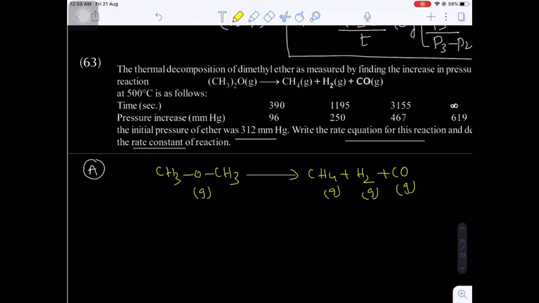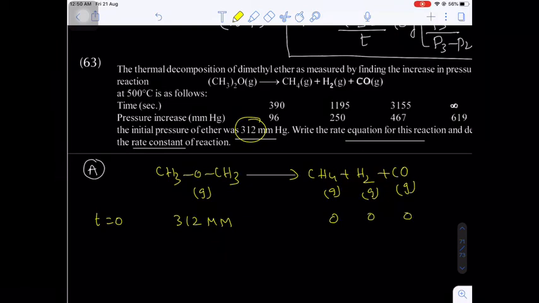First of all, initially at time T0, what is the pressure of dimethyl ether in the given question? 312. So the products' partial pressure will be initially 0. Now let's suppose I am taking the time interval of 390 seconds.